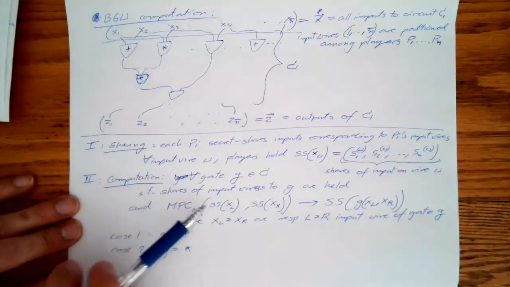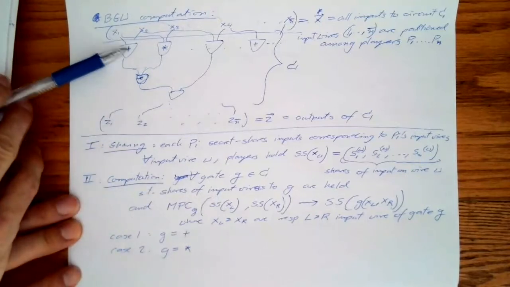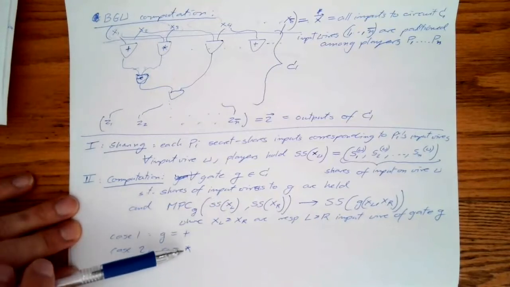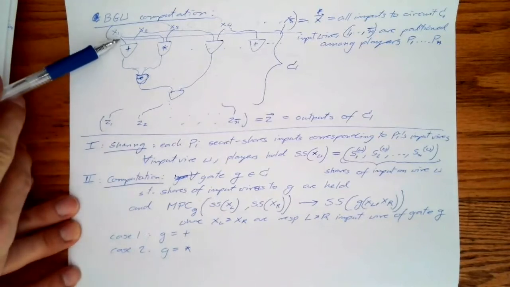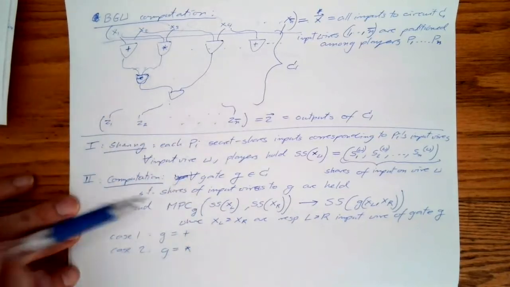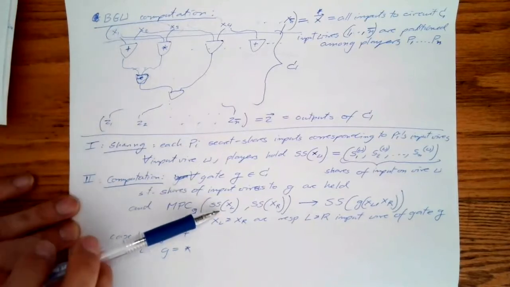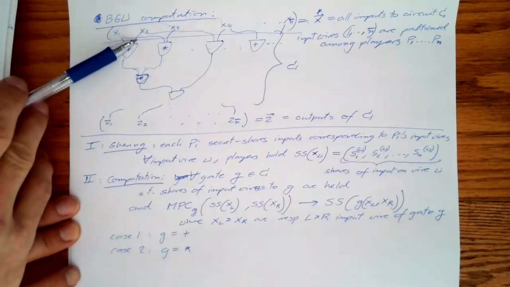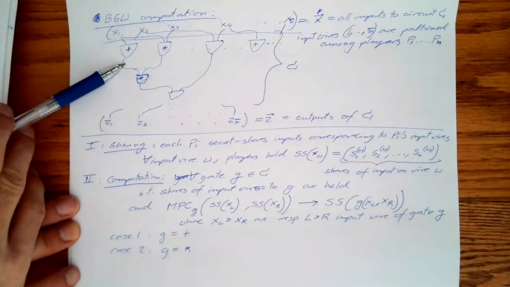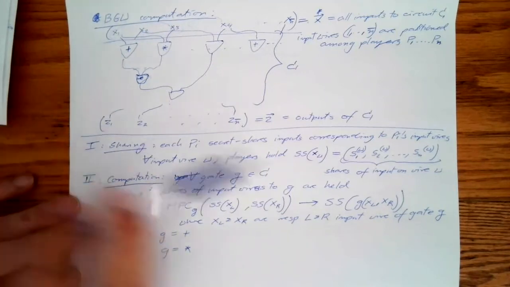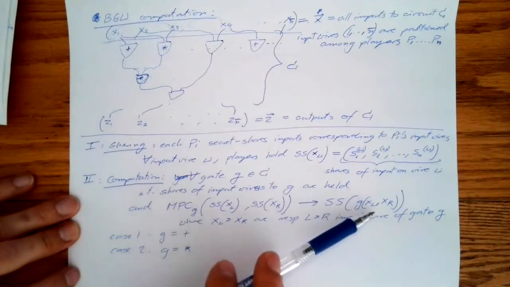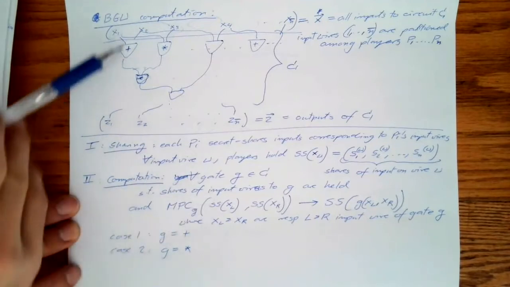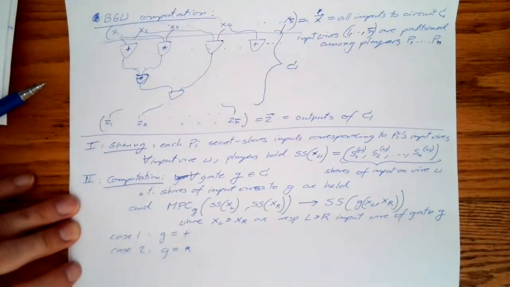So we will just go gate by gate, and for each of these two cases, the additive gate or the multiplicative gate, we'll have a protocol that all the players perform, such that if they start with a secret sharing of the input to the gate, the left input and the right input, then they end up with a secret sharing of the output. Okay, and the output is correct. It's a secret sharing of the value that really is the appropriate gate operation applied to the secret shared inputs of that gate.